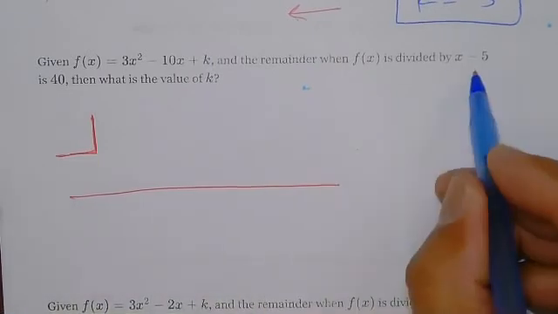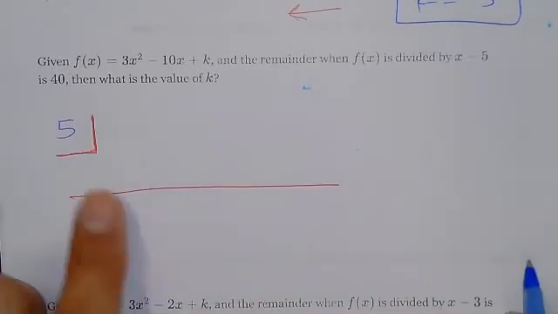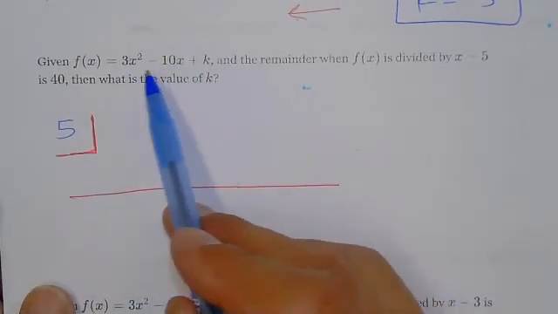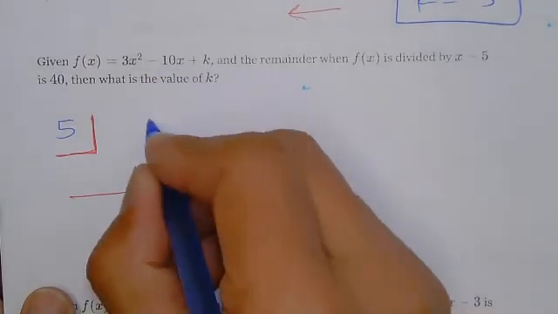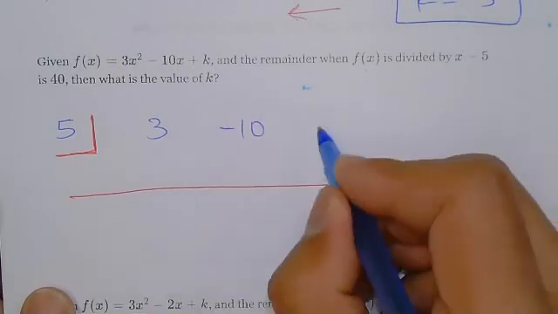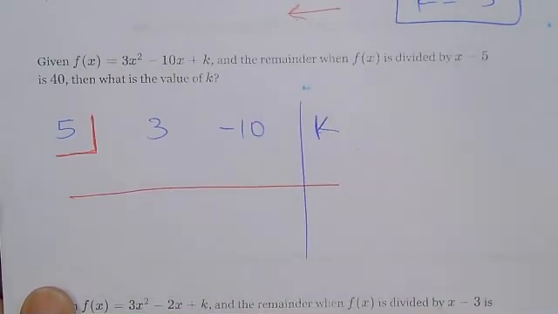Let's set this up. What do we know? We know that this says x minus 5, so everybody agree positive 5 goes in that corner box up there? And watch out here. Make sure there's no missing terms and put the right numbers, these coefficients. So 3 for x squared, negative 10 for the x, and k is that last number, right?